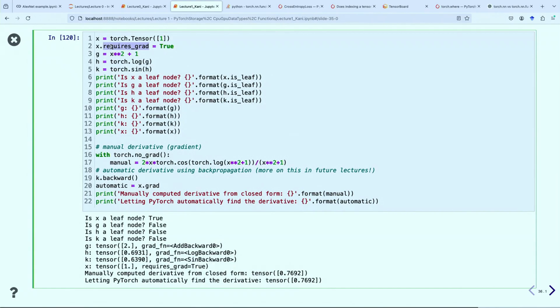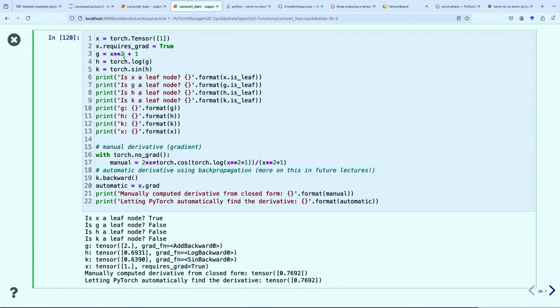That's us warning PyTorch, hey, pay attention to x, pay attention to all the functions that end up using x, because we're going to need to calculate how those functions change with respect to x at some point in the future.